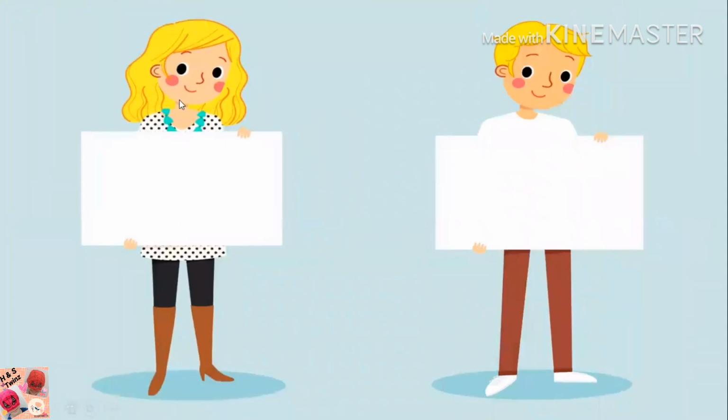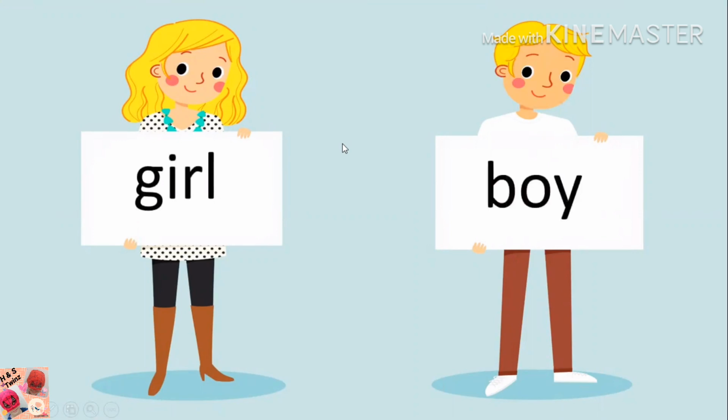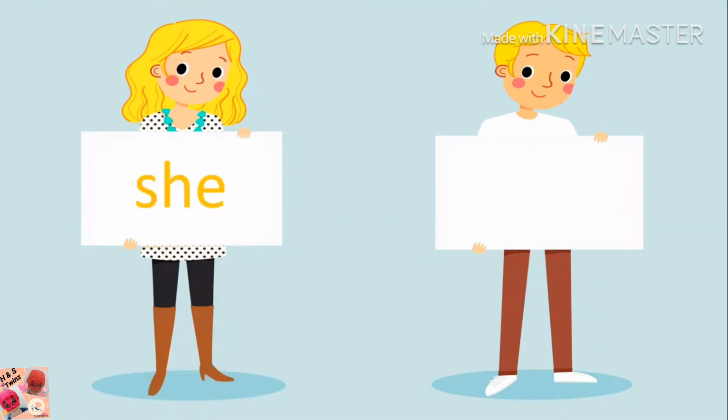Okay. What can you see here? Girl. And here? Boy. This is a girl and this is a boy. When I talk about a girl, I say she.